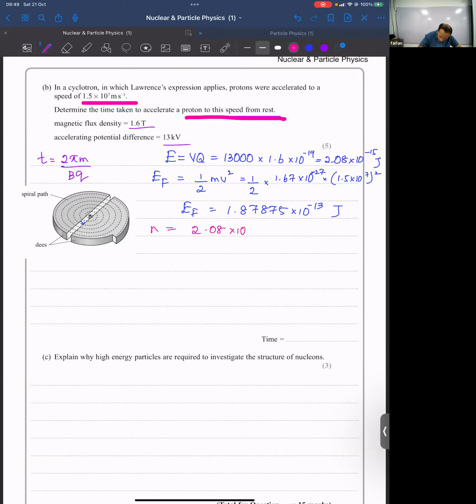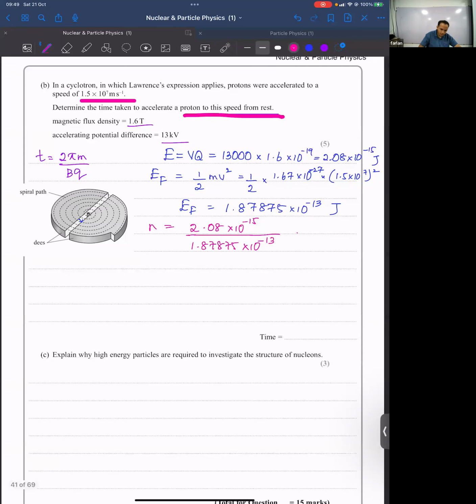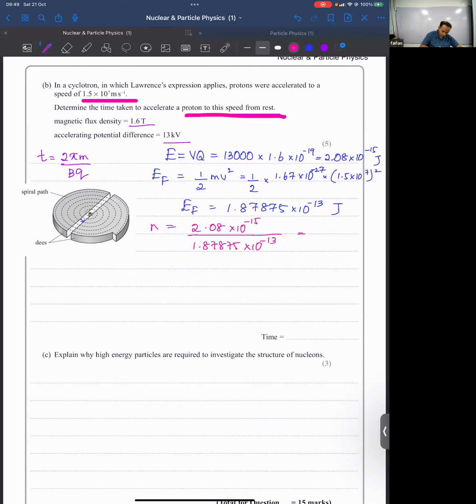No, it's the other way around. The final energy is 1.87875 into 10 to the power minus 13, divided by the energy you get in one acceleration, 2.08 into 10 to the power minus 15. That will give you 90.32.